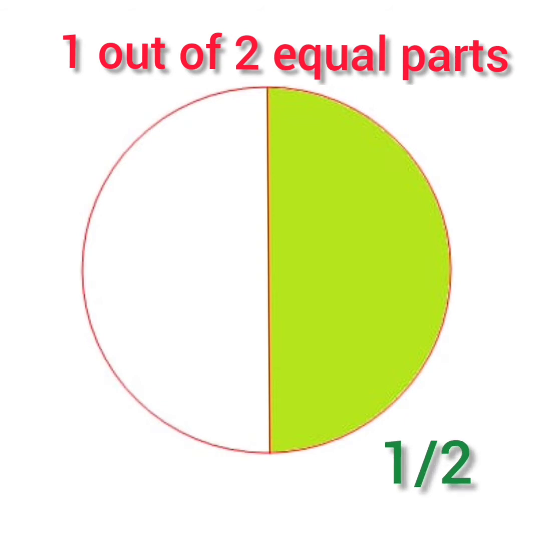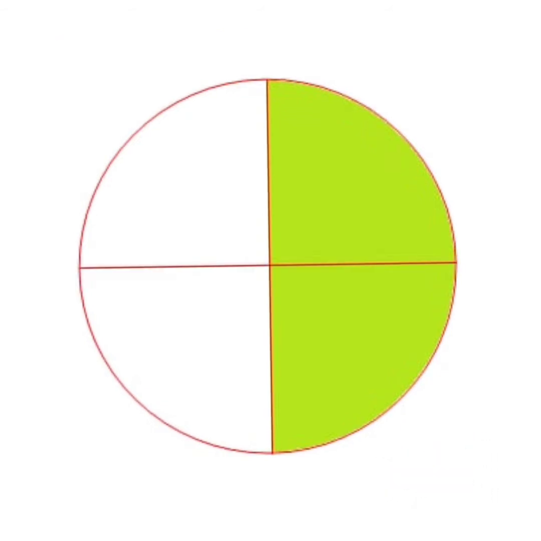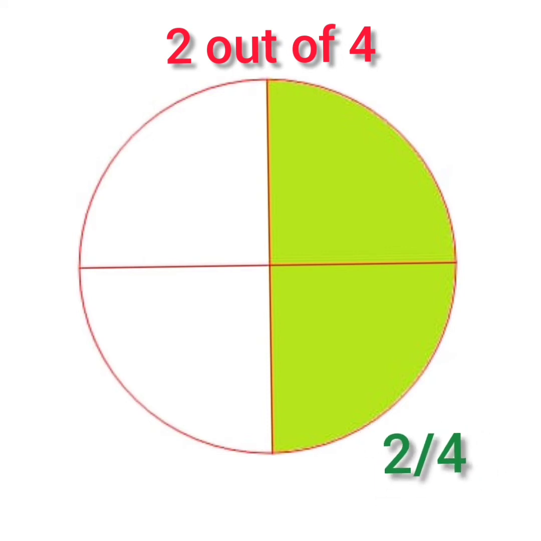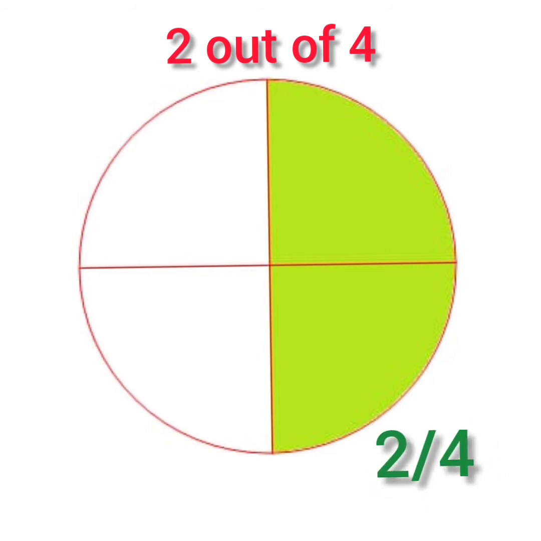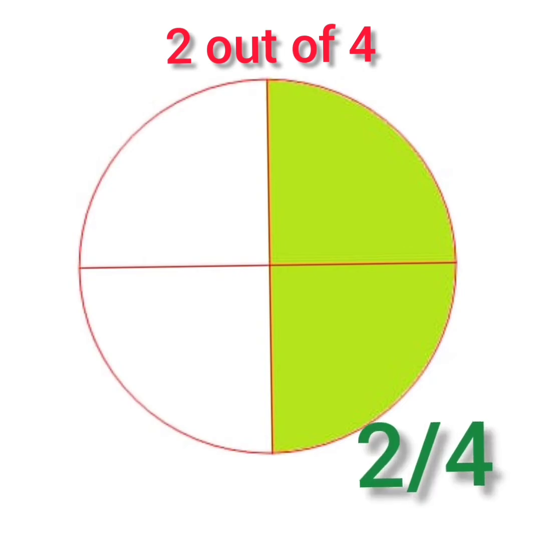Now, if I divide each part into 2 parts, there are a total of 4 parts. So we can write this as 2 upon 4. They both represent the same thing. These are called equivalent fractions.